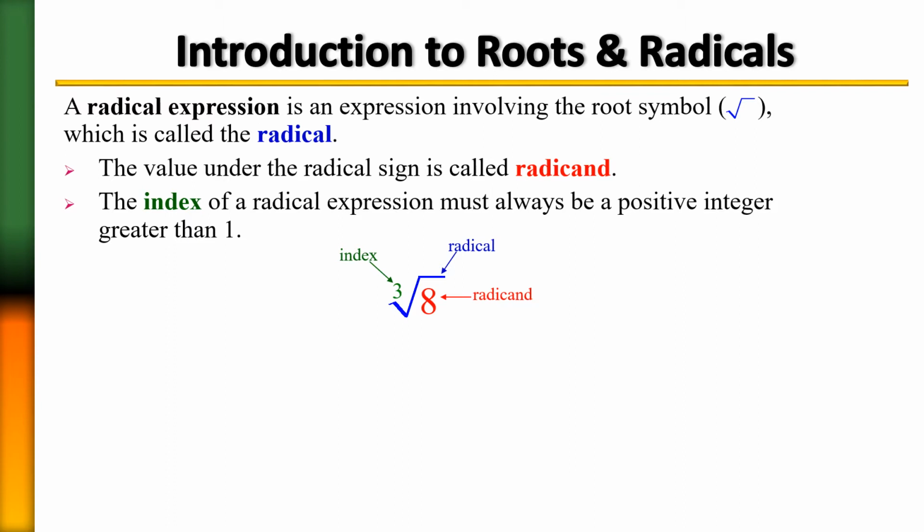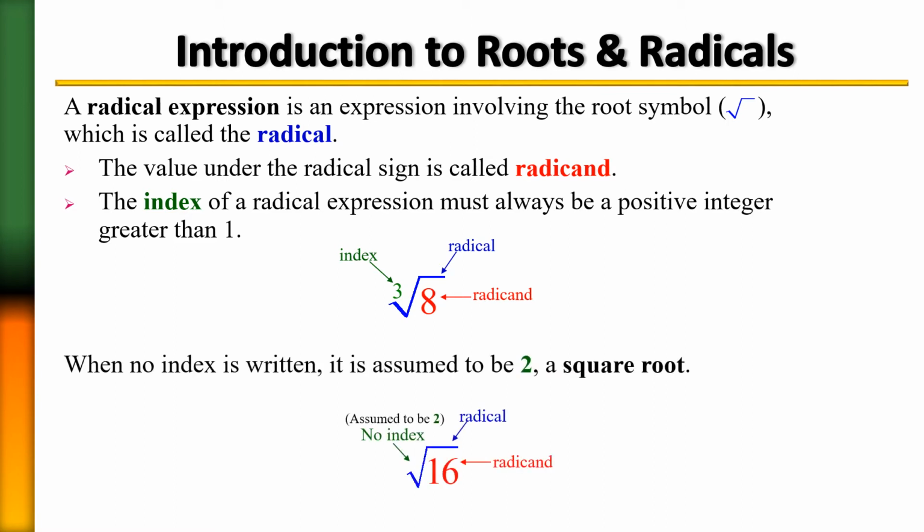The index of a radical expression must always be a positive integer greater than 1. And the index is the little number that's on the outer of the radical symbol. So again, that must be a positive number, and it must be a number greater than 1.